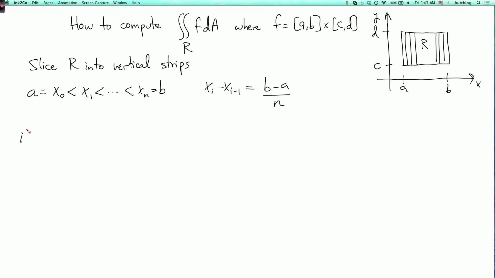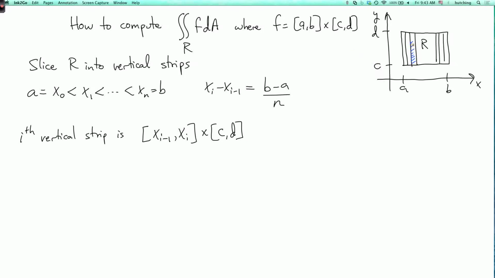And then the ith vertical strip is the Cartesian product of the interval from xi minus 1 to xi with the interval from c to d. So the ith vertical strip is something like this.